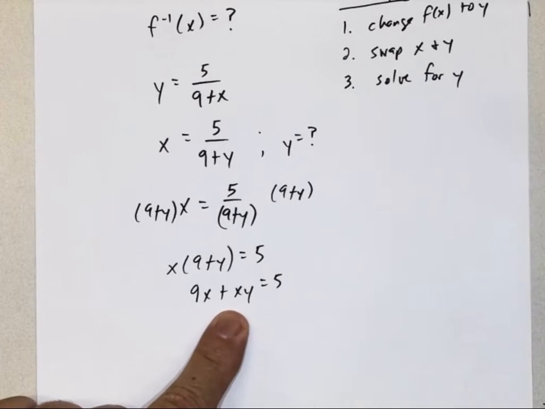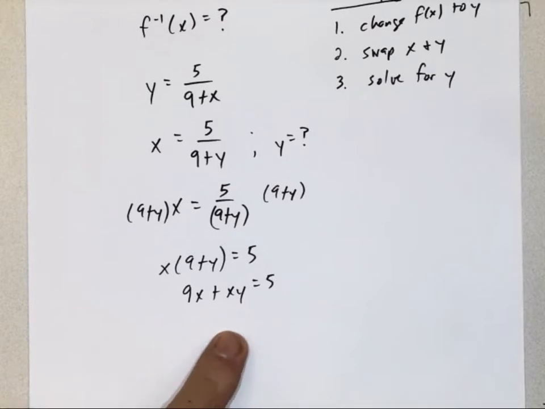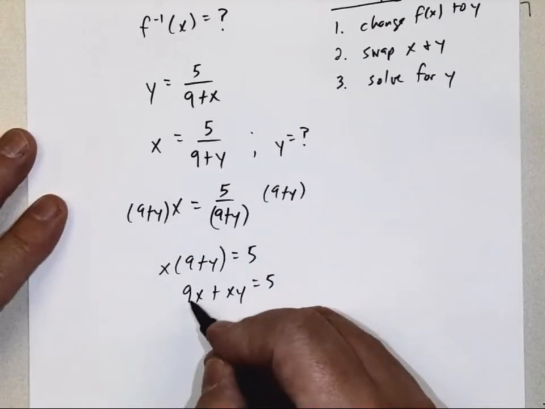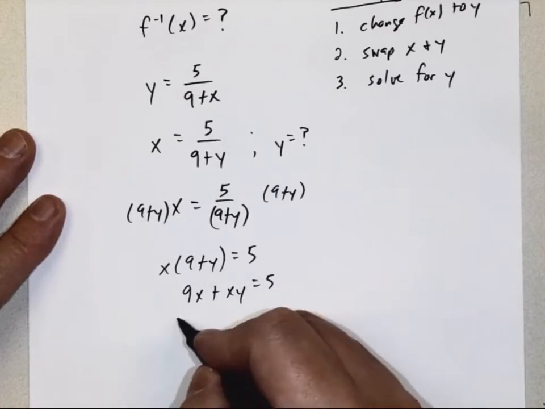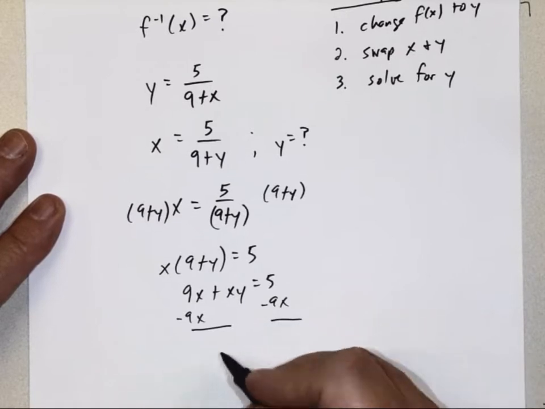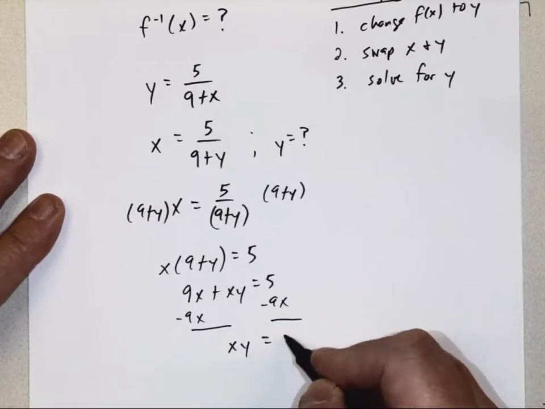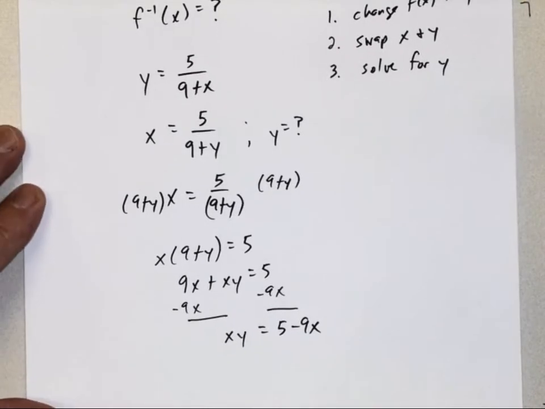If I want to solve for y, I'm going to get all the terms with the y on one side and all the terms without a y on the other side. So I'm going to move this 9x to the other side, subtracting 9x from both sides. xy equals 5 minus 9x.